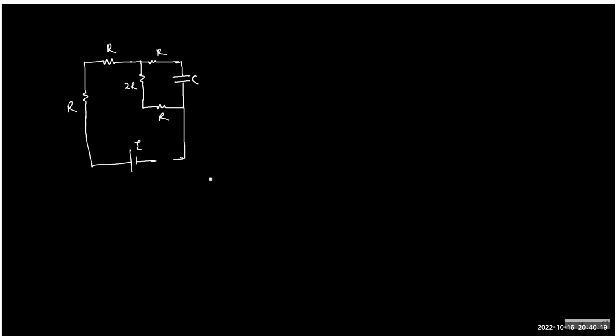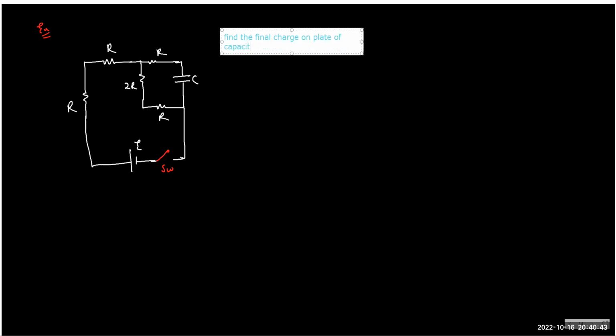In the very beginning, the capacitor is uncharged. We have a switch. The question is, find the final charge on the plate of the capacitor in steady state condition. Is the question clear?